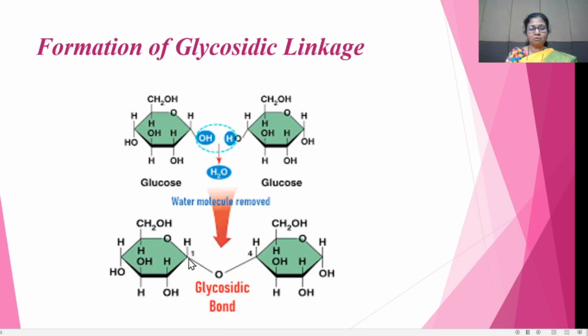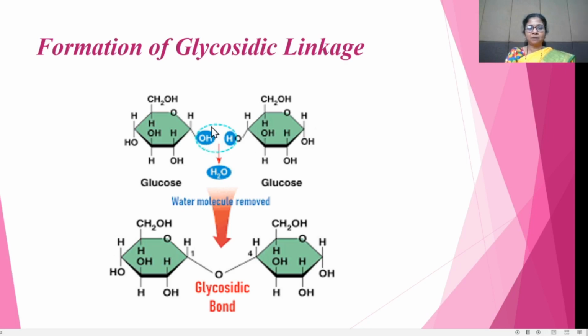But in the formation of this glycosidic linkage, there must be one anomeric carbon atom, one group from the anomeric carbon atom. Here, this carbon number 1 is the anomeric carbon atom and this is carbon number 4.